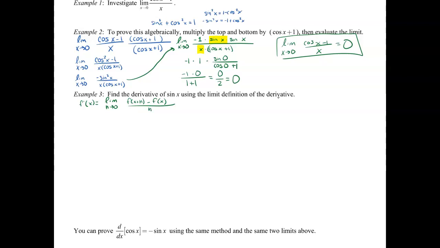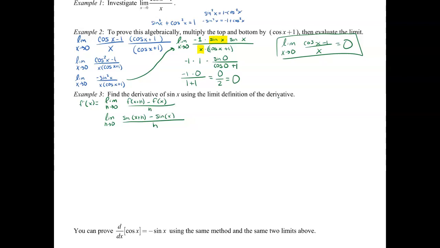Alright, so now I have my function, which is sine. So I've got the limit as h goes to 0 of sine of x plus h minus sine of x all over h, which is a fun time.